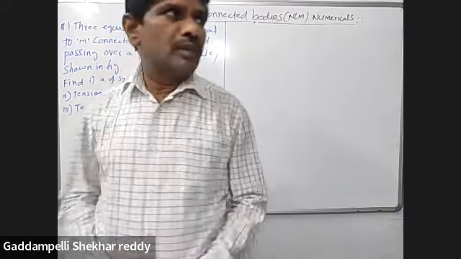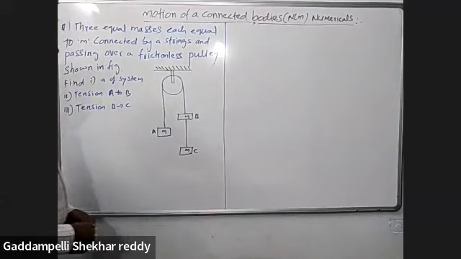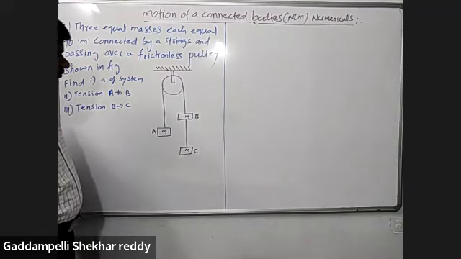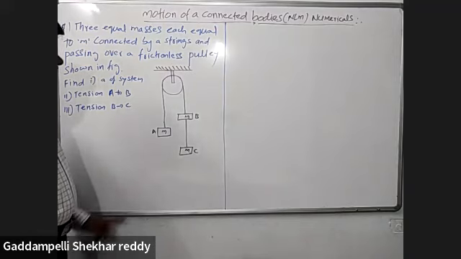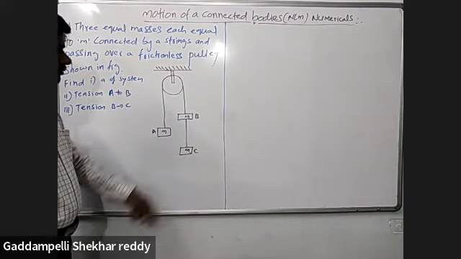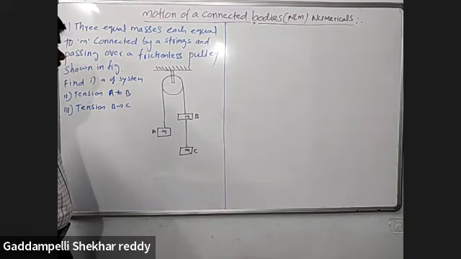Here is one question: three equal masses, each equal to m, connected by strings and passing over a frictionless pulley as shown in the figure. So this is the diagram. Mass m at A, mass m at B, mass m at C, all identical masses.